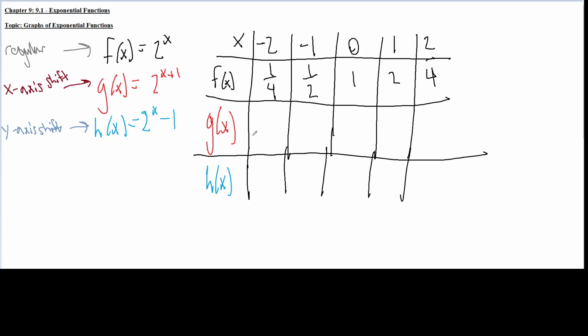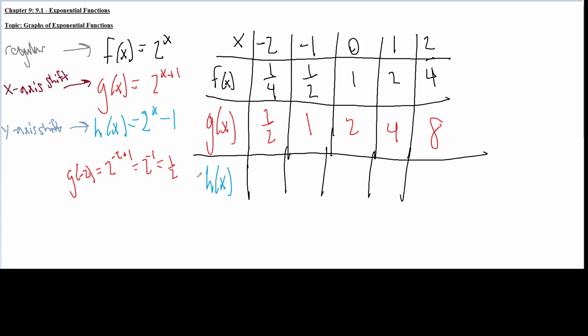And since g of x is going to cause a shift in our x values, we can expect that when x is equal to -2, 2 raised to the -2 plus 1, I actually get 2 raised to the -1, which is 1/2. Those are the type of shifts that we can expect. So I'll have 1/2, and this will be 1, this will be 2, this will be 4, and this will be 8.